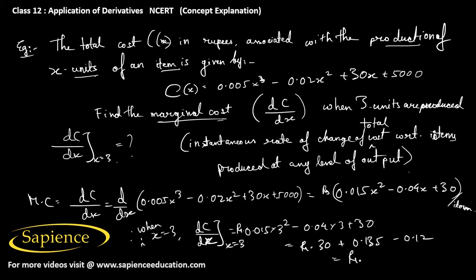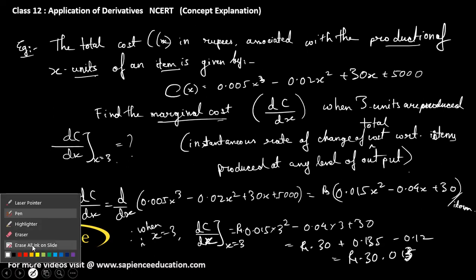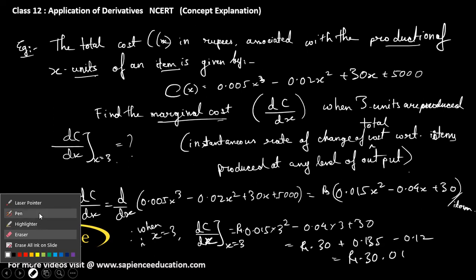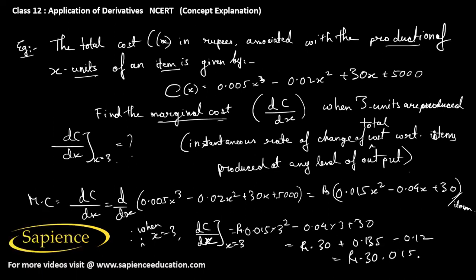So that will be equal to rupees 30.015, which is approximately 30.02 rupees.